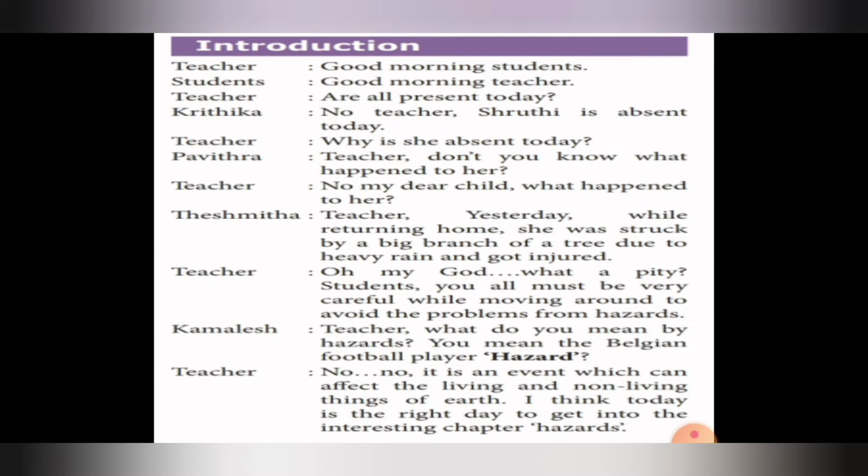So she tells that Shruti got struck by a big branch of a tree and got injured due to rain. Okay, due to rain, the tree has fallen down and she got hurt, injury.